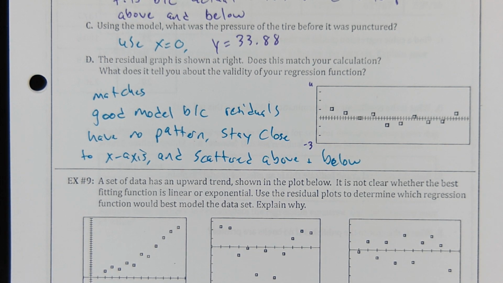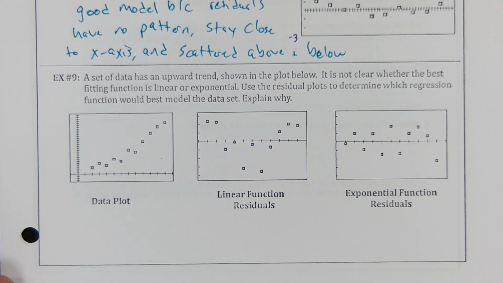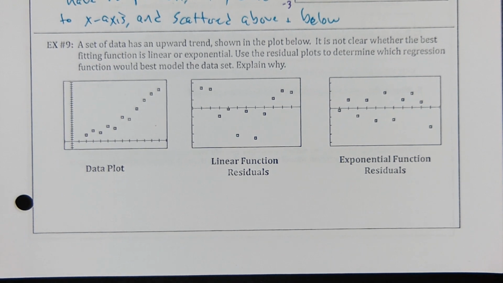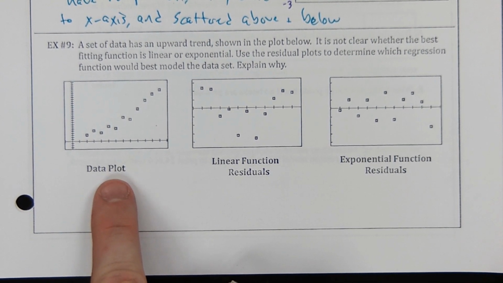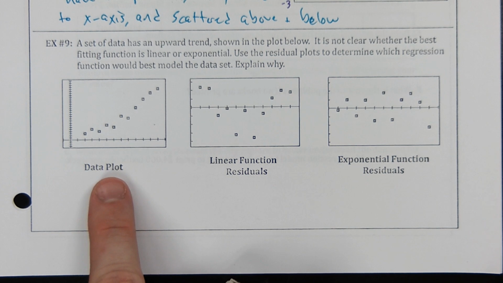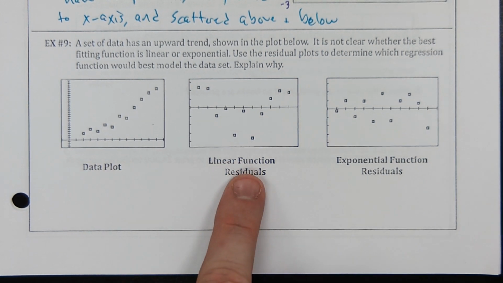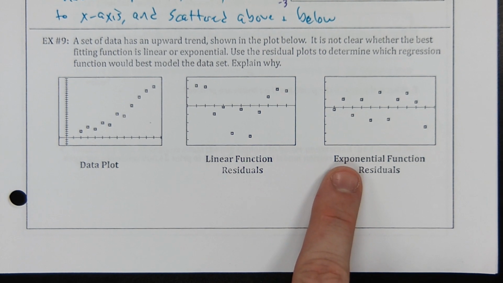No? All right. Well, let's look at example number 9 then. A set of data has an upward trend, which is showing you right here. This is the actual data plot. It is not clear whether the best fitting function is linear or exponential.